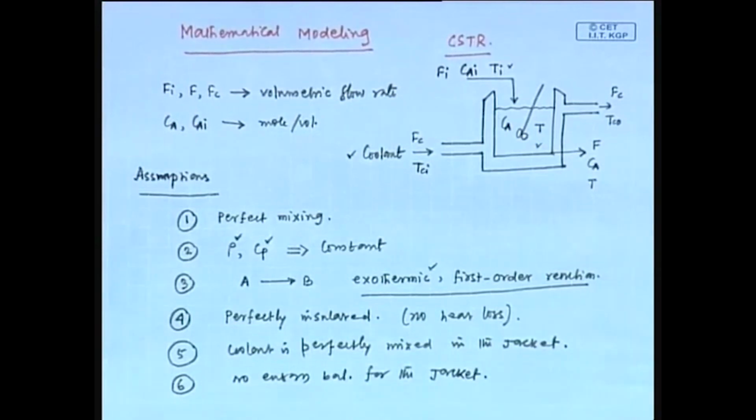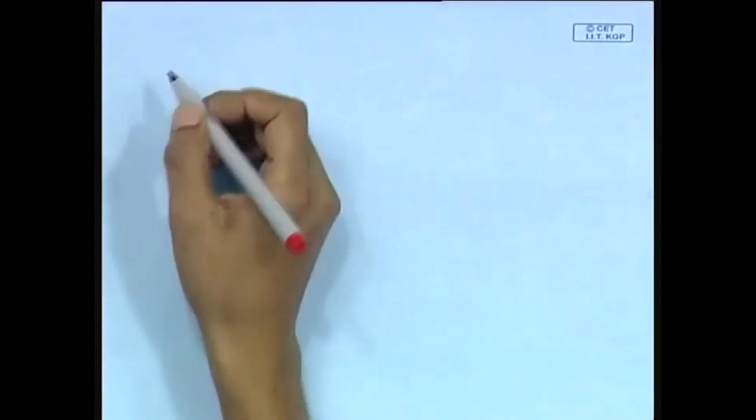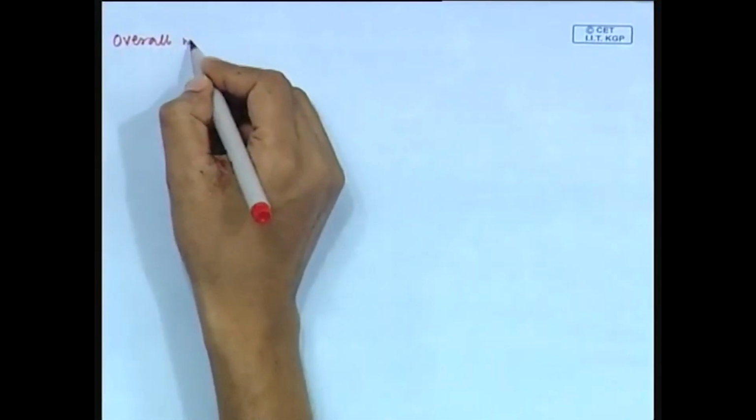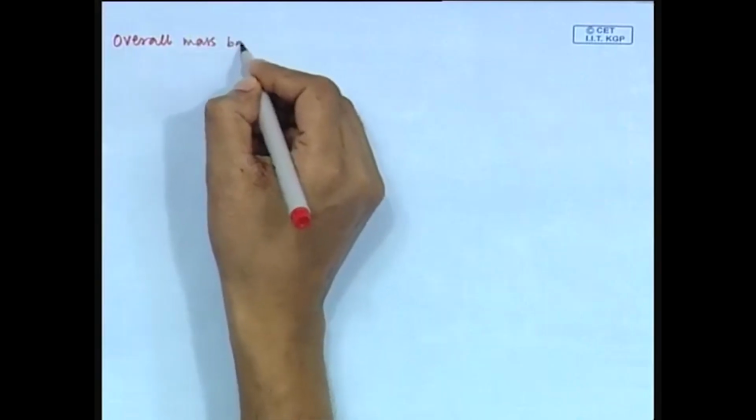These are the assumptions adopted for this CSTR system, and based on these assumptions we will derive the modeling equations. Now first we will go for the overall mass balance.